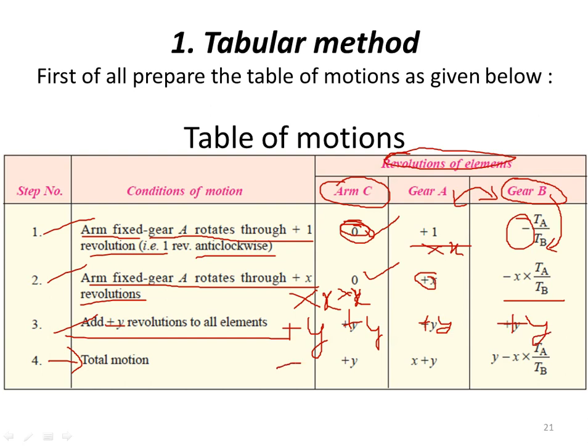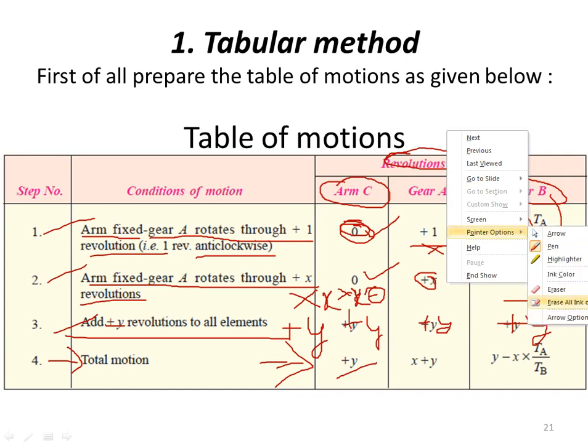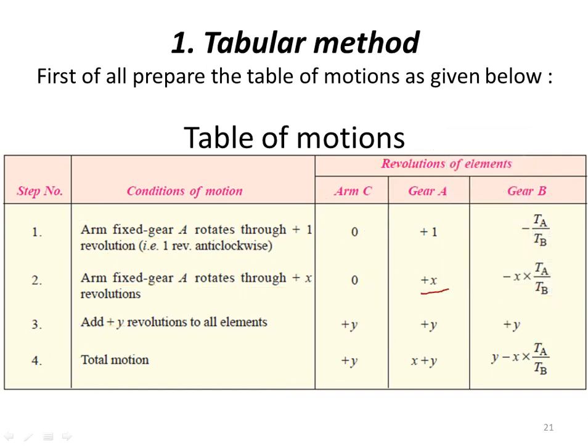Now the total motion becomes: x into 0 is 0, so 0 plus y is y. Then here you have plus x, so x plus y. Then minus x into TA by TB plus y, so you get y minus x into TA by TB.